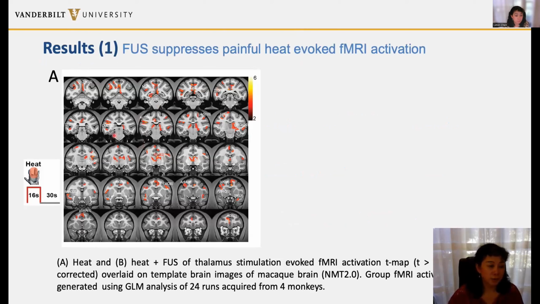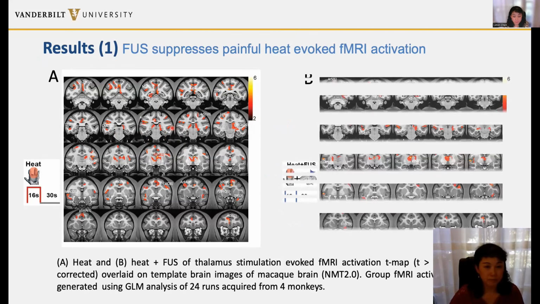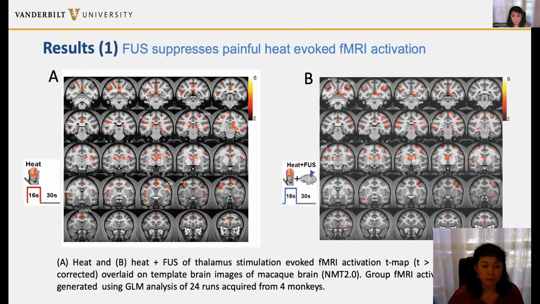This image shows you the whole brain response to the painful heat stimulation. These activation maps are similar to what has been reported in humans and animals during painful stimulation. And the area is widespread as we expected. The right image shows you the thalamus response was suppressed by ultrasound.